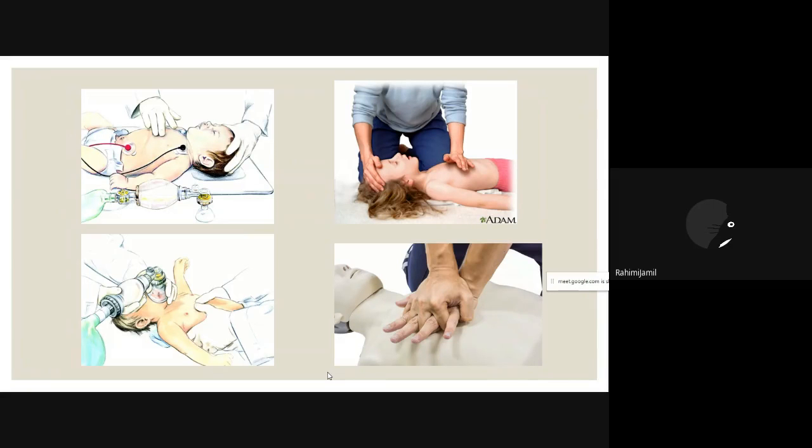The first picture is the two-finger technique, and below it is the two-thumb compression technique, used if there are two healthcare providers present at the scene. The upper right is the one-hand heel compression technique, which we have seen in the previous video, and this is the two-hand interlock chest compression technique.